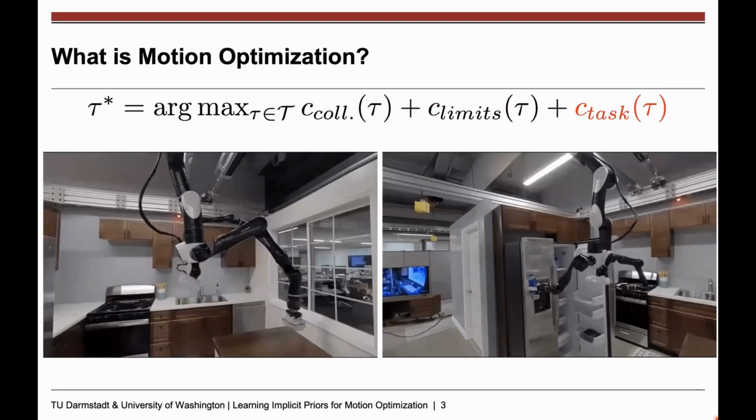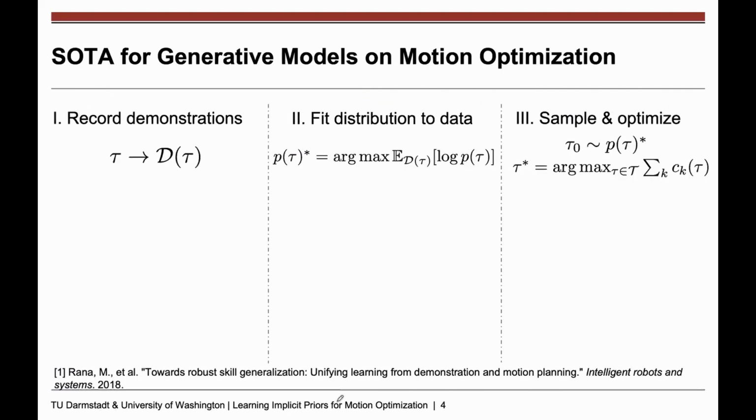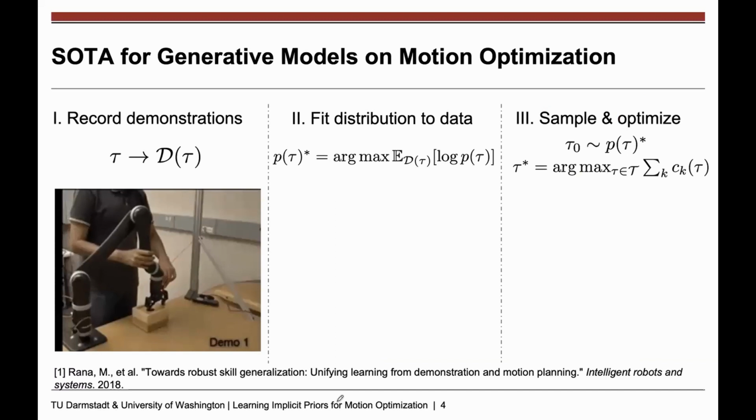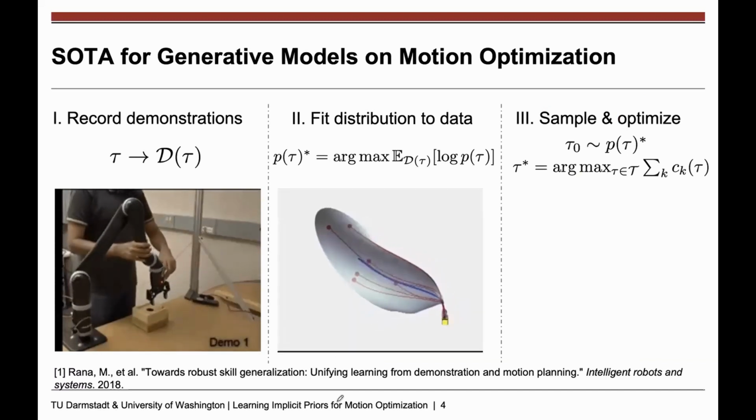Nevertheless, a lot of times some of these objectives might be hard to model or computationally very demanding, and then we usually rely on learning-based methods given some demonstrations. Learning from demonstration methods are commonly used to represent hard-to-model objectives. Given some demonstrations representing the task we want to solve, we can fit a model that describes the distribution of this data.